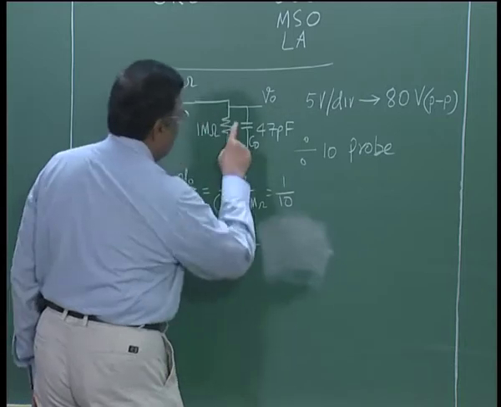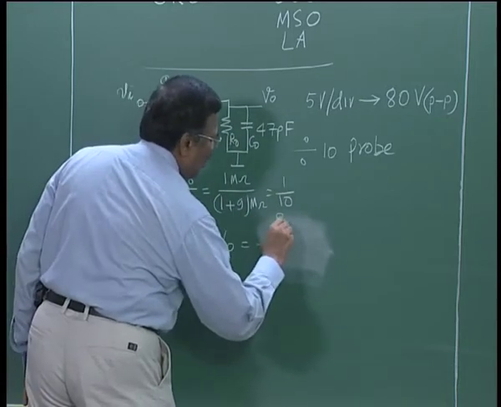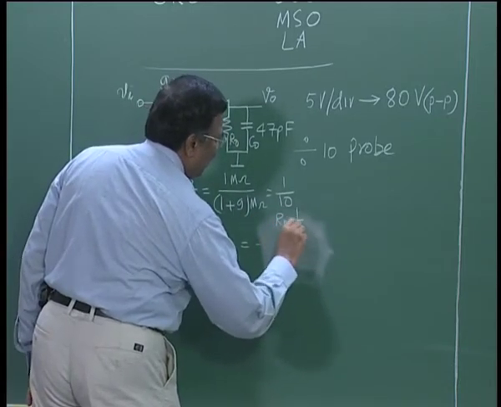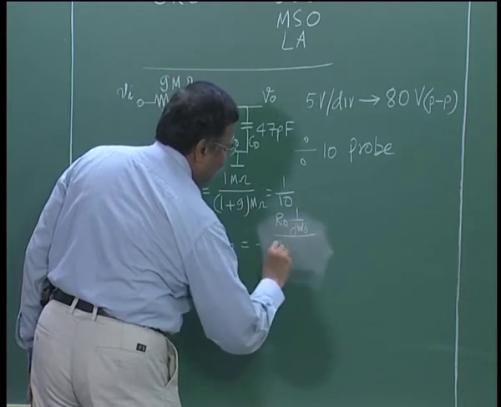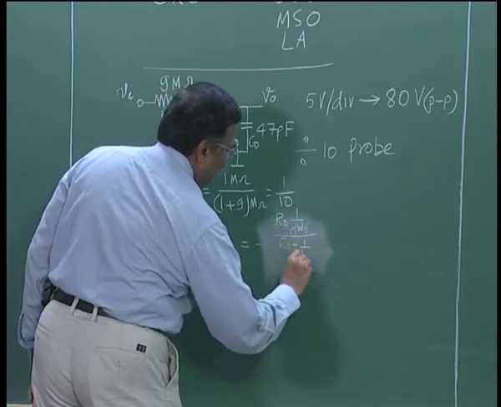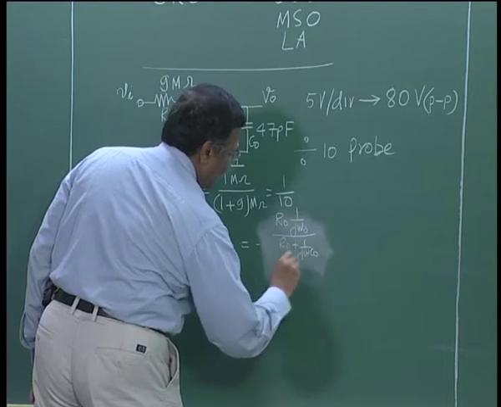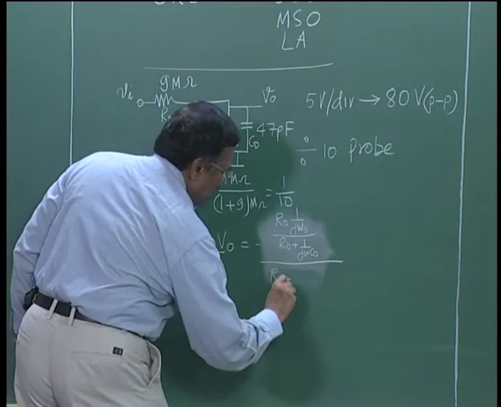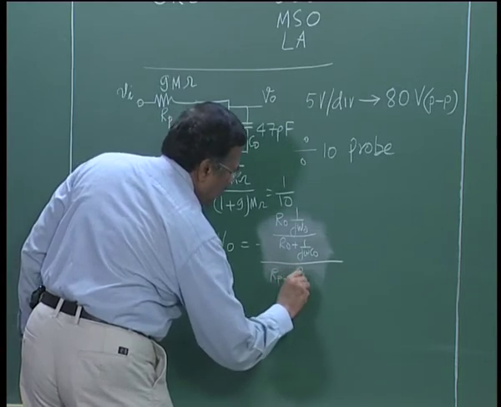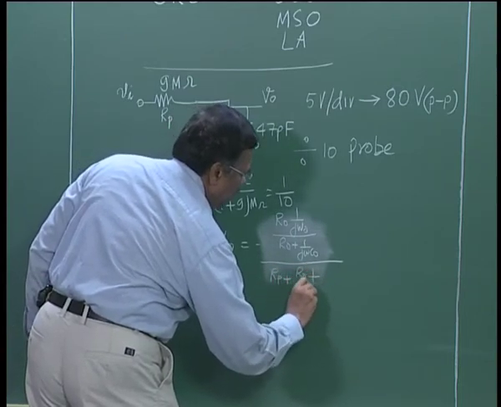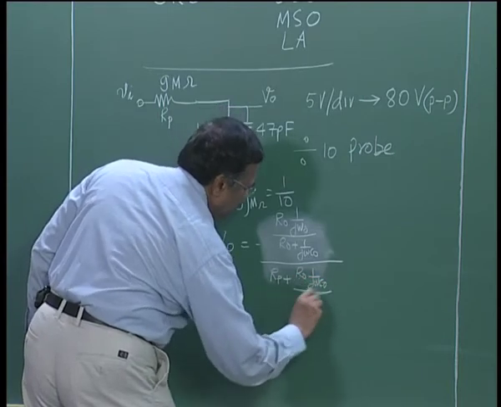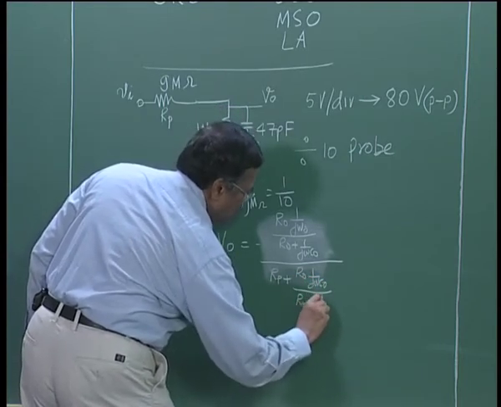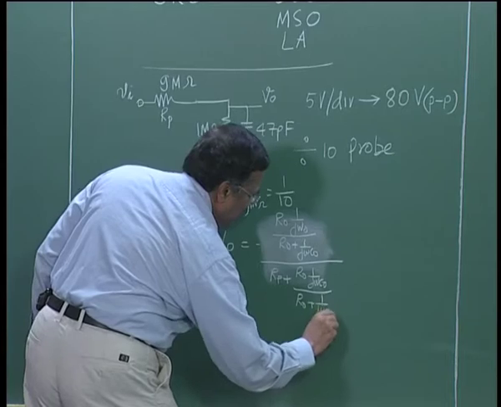So, I have this impedance, which is R naught in parallel with 1 by j omega C naught, that is, R naught times 1 by j omega C naught divided by R naught plus 1 by j omega C naught. The total impedance is Rp plus R naught into 1 by j omega C naught divided by R naught plus 1 by j omega C naught, right.